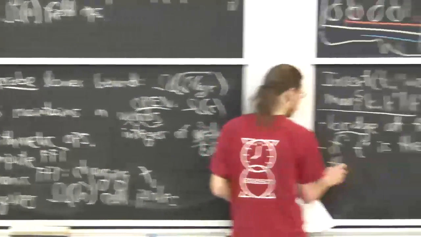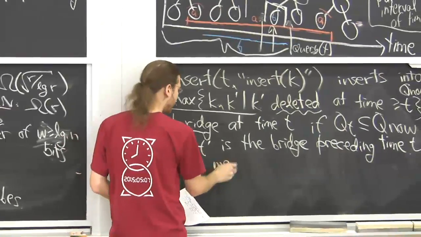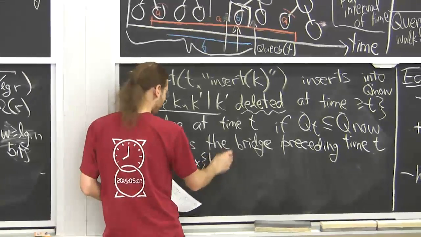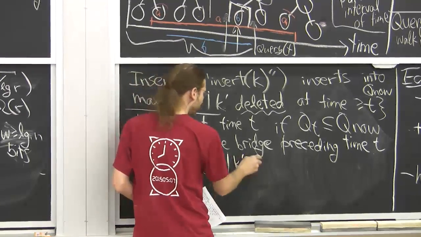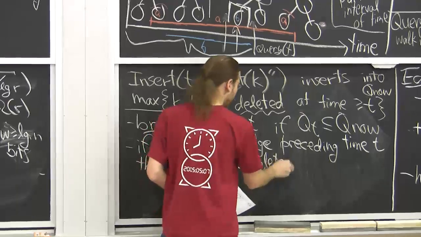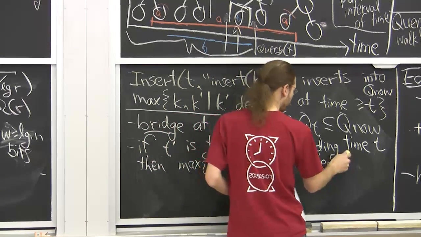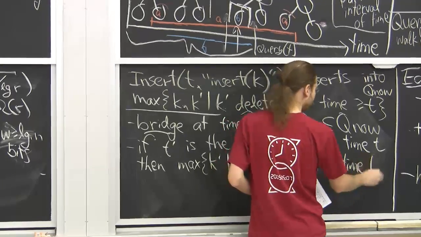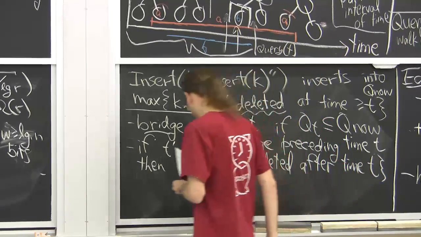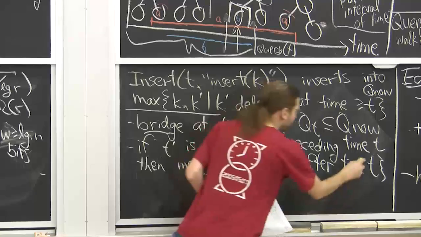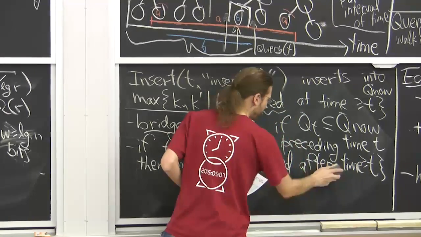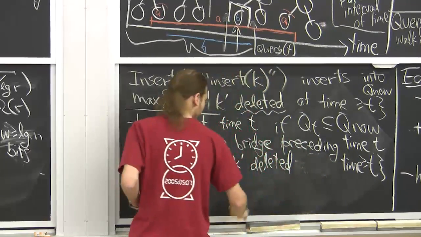Then what I want to know is this max of k prime, where k prime is deleted after time t. I should say greater or equal to t instead of after, a little more precise.